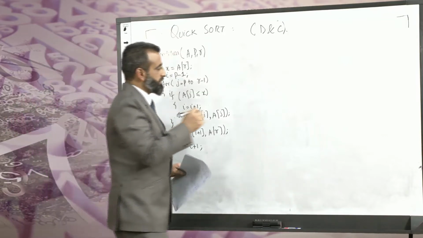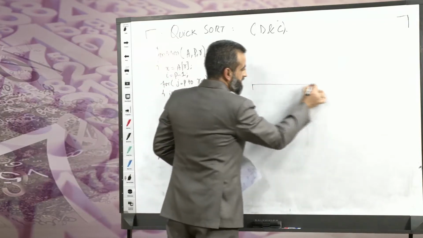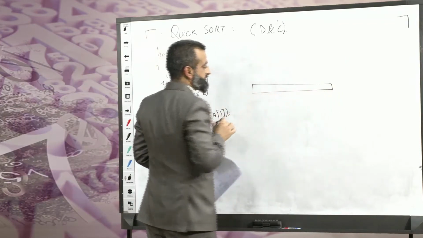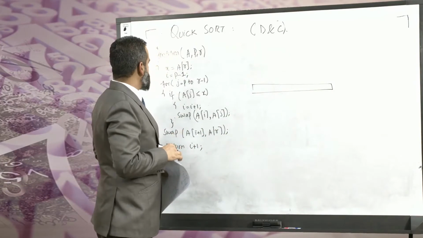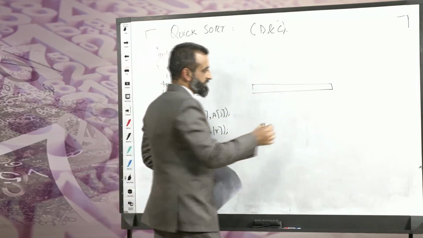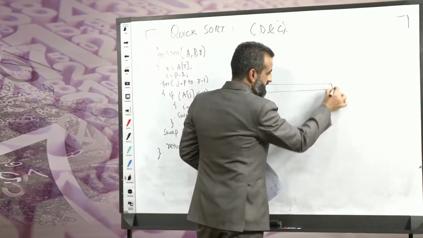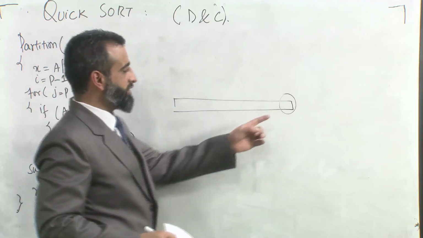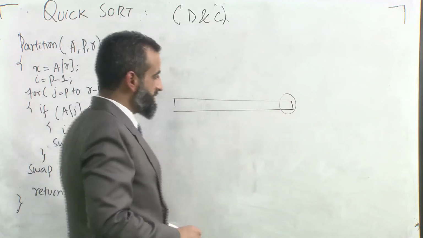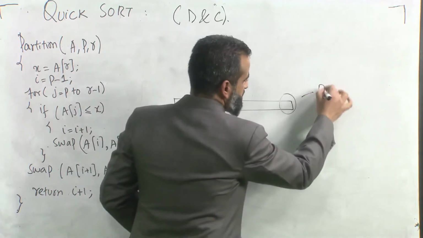If I try to explain it in terms of some large array, in this case we select an element, let's say the last element, but remember, not necessarily that you have to select the last element. This element is also called the pivot element.